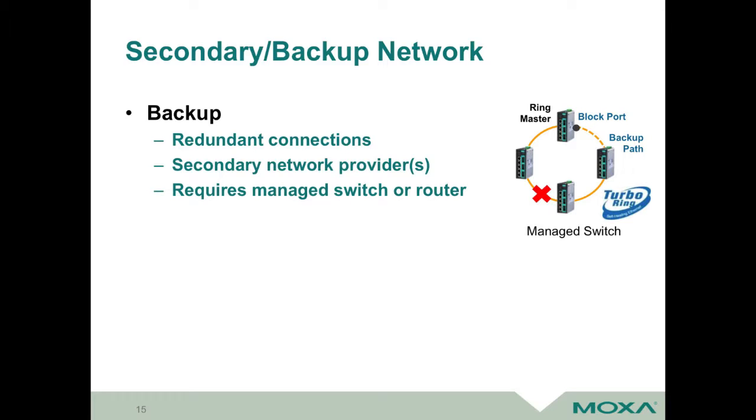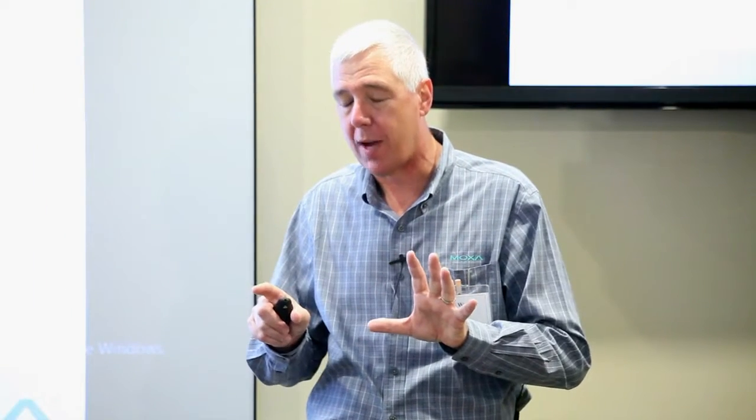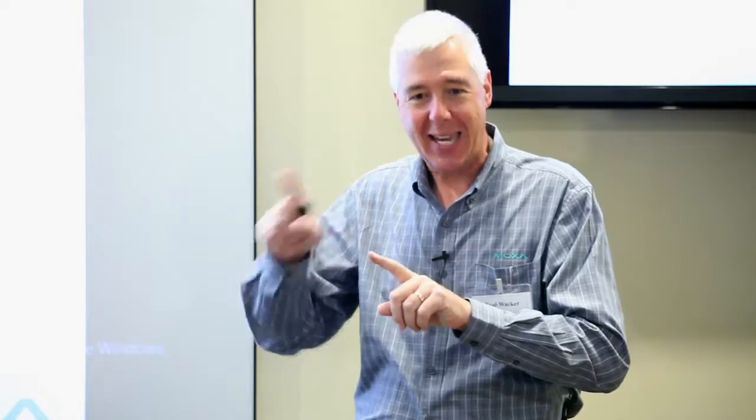One of the ways in which you can do this is to have a ring in your topology here. So this utilizes a managed Ethernet switch. Managed Ethernet switches, if you're not using them now, you should be. This is one of the good reasons to do that, because with unmanaged switches, there's no control over the traffic, and you can get a loop of traffic, kind of like the traffic circle outside the building here. You can get in the traffic circle and you can't get out.